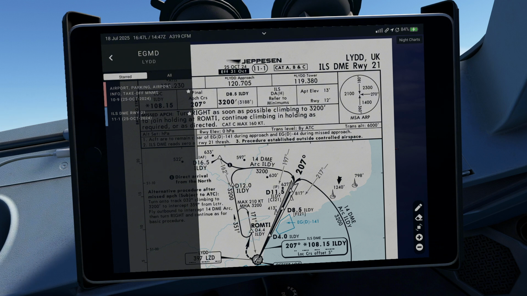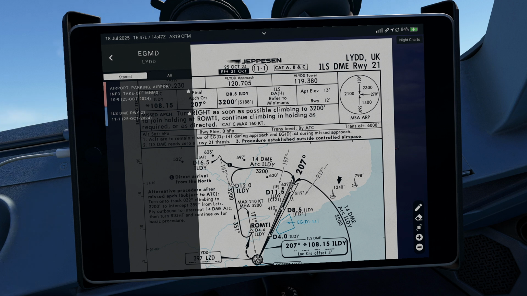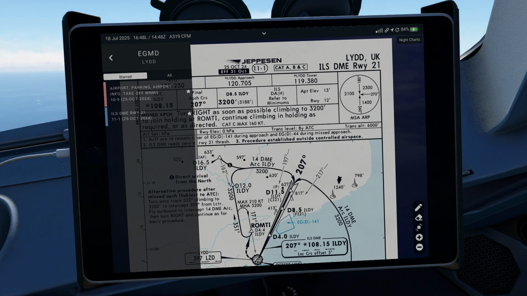It is ultimately up to each state regulatory authority, for example the United Kingdom CAA, to approve exceptions. EGMD's offset ILS has been grandfathered and approved as a special case based on terrain, airspace restrictions and constraints, and the operational history of safe use.